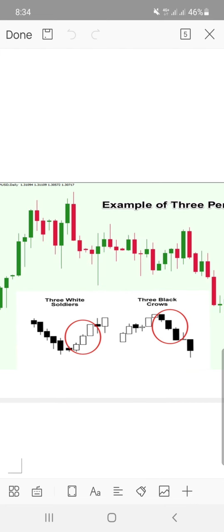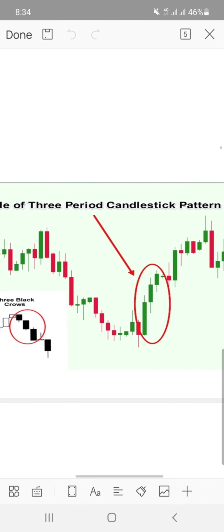Now, once you notice this, in the case of three white soldiers, it usually signifies intense buying pressure. It means that the bulls have taken control of the market. While for three black crows, it indicates that the bears have taken over the market.